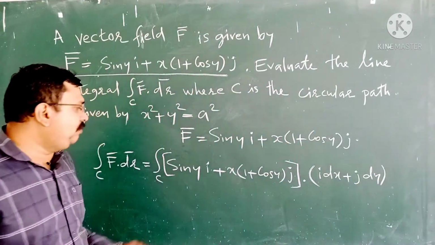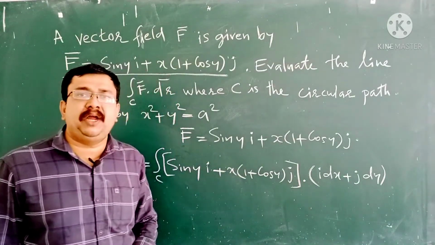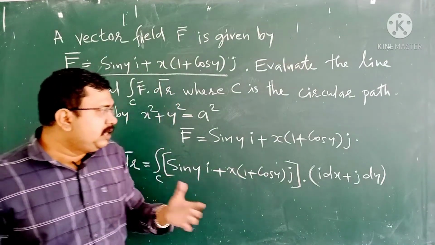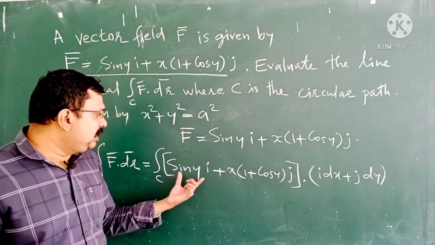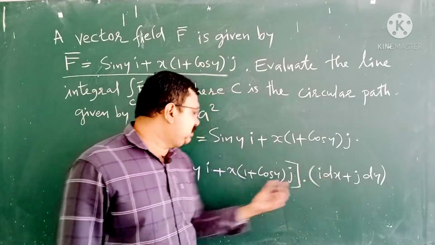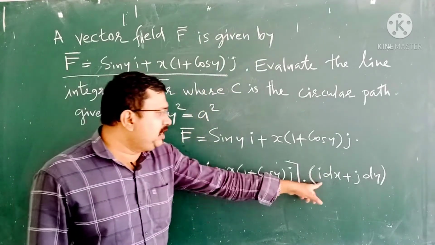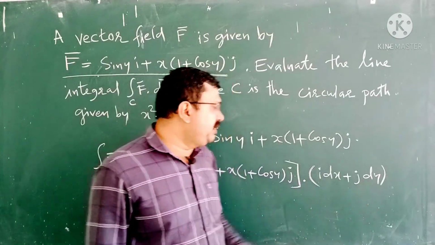Okay. Now we want to find the dot product. How to find the dot product? Multiply the corresponding i components. Here the component of i is sin y and here is dx. First multiply these two terms, then multiply the components of j.